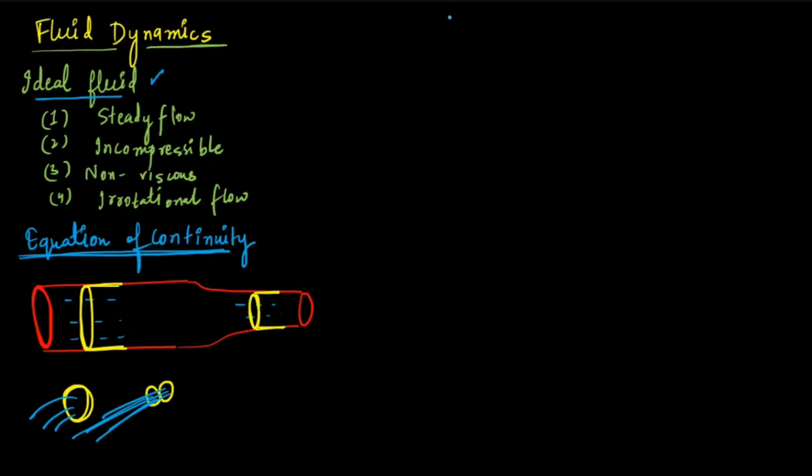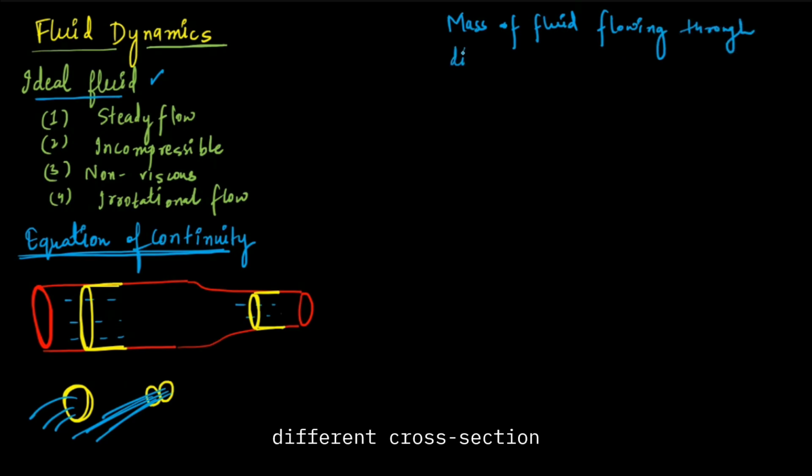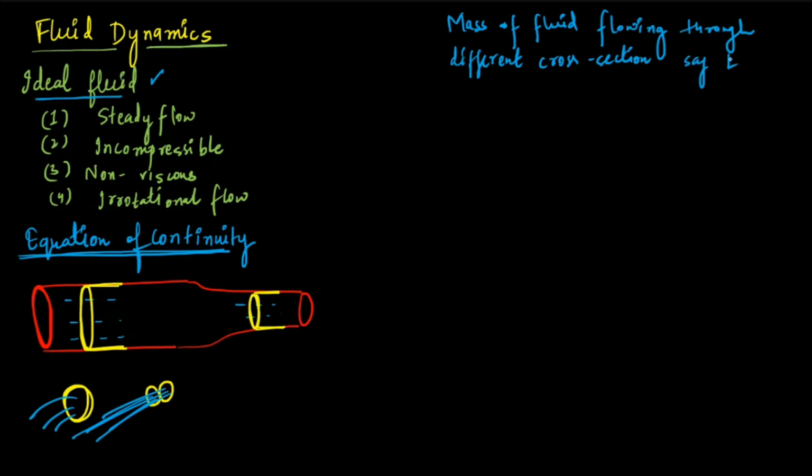So what we'll say: mass of fluid flowing through different cross sections, let's say A and B, must be the same.